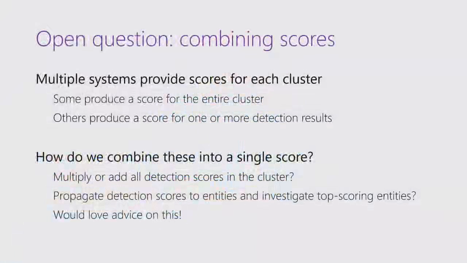Finally, last slide. I don't know how to combine all of those scores on a given cluster. I'd imagine I have one scoring mechanism that says, for this cluster, I see 3 things in different parts of the kill chain. So that gives me one score that I want to apply to the cluster as a whole. Next, I have detections that say, this asset implicated in one of your detection results is very high value to the business.